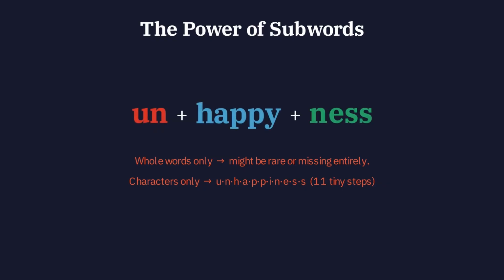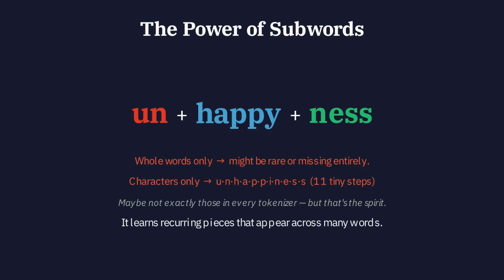Byte pair encoding can often break it into useful chunks like UN, happy, and ness. Maybe not exactly those in every tokenizer, but that's the spirit. It learns recurring pieces that appear across many words. So instead of memorizing every word independently, the model reuses subword building blocks.